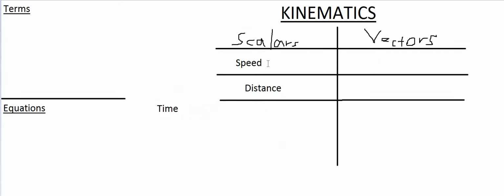In Sec 3 you learn new quantities, vector quantities. These vector quantities will mostly have corresponding scalar quantities. So speed and distance will correspond to a specific vector quantity.